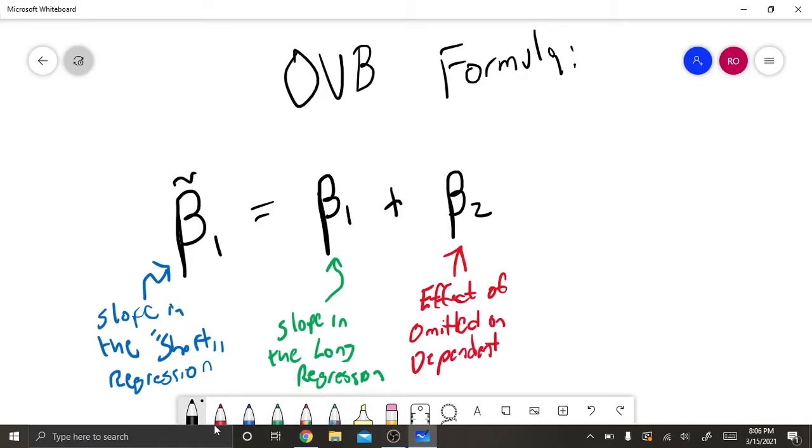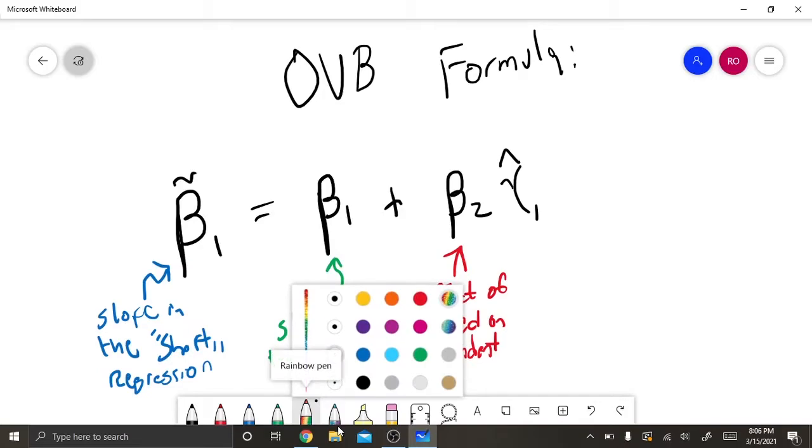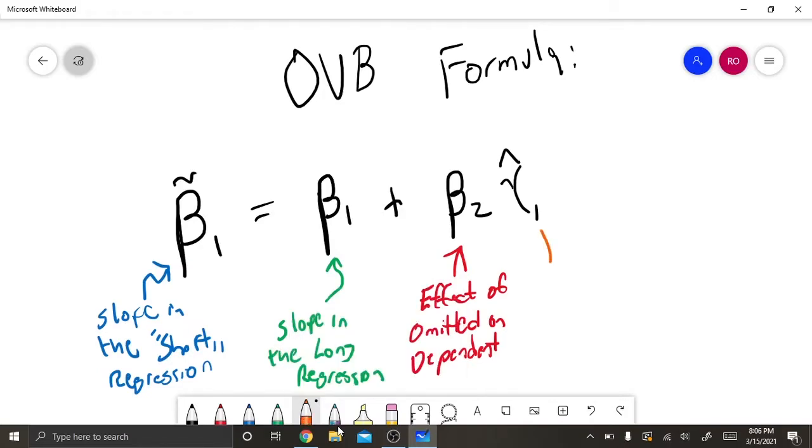And then we also have this, I think we used gamma. That just means this is the effect of omitted on included. It's the relationship between our omitted variable and our included variable.